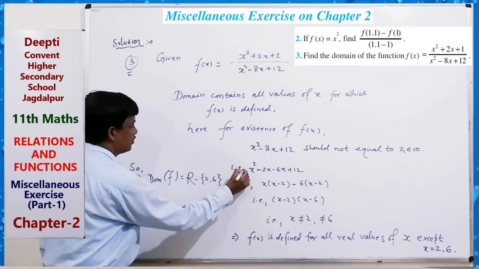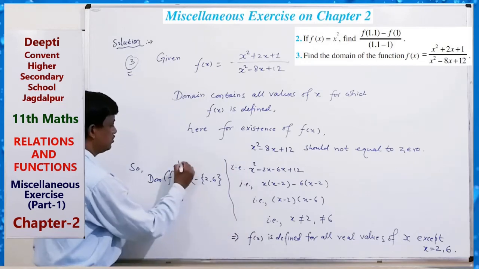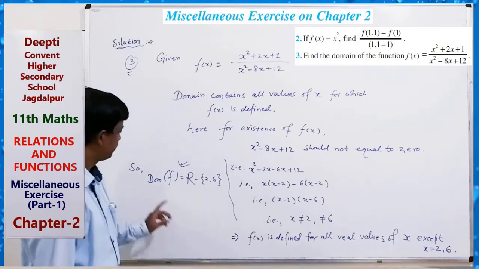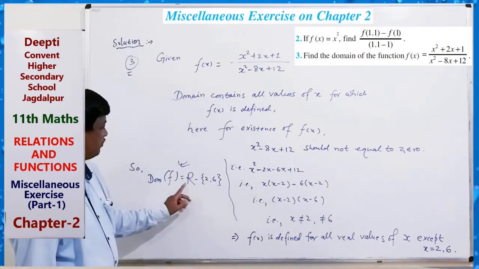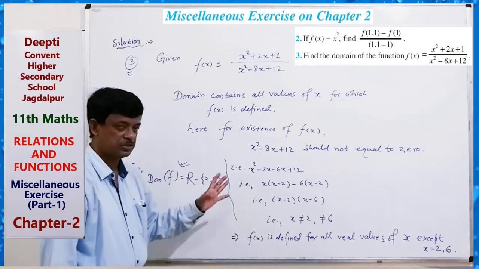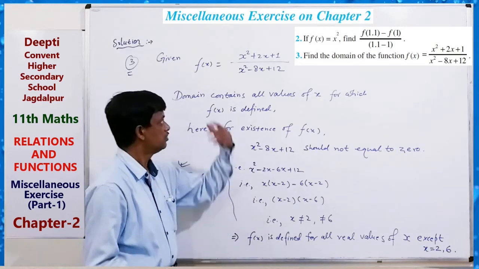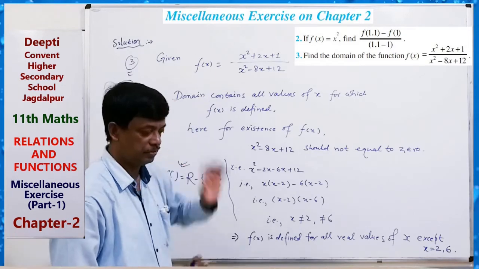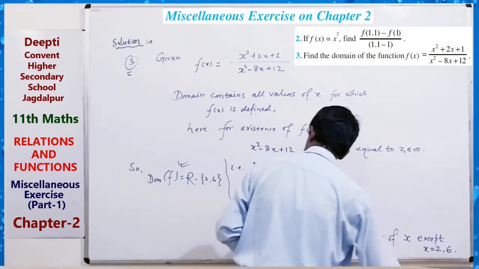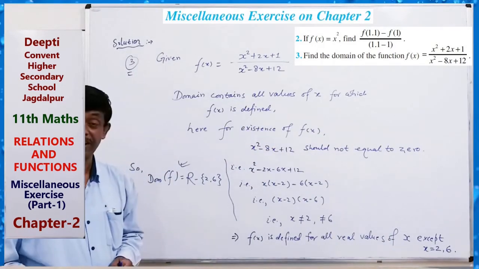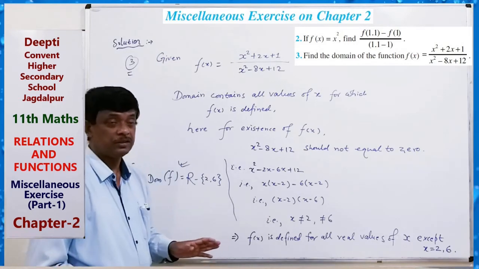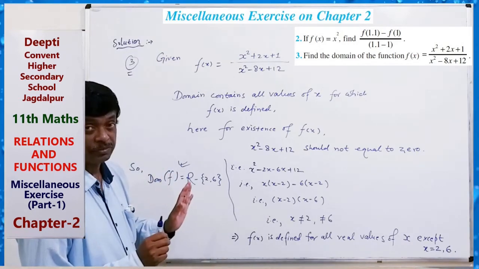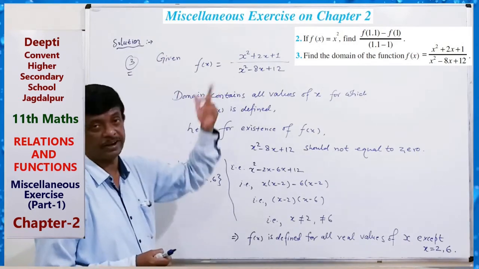Okay, this is our answer. Domain of f is the set of real numbers except 2 and 6. This is where the function is defined, so the domain is this. So for finding the domain of a function, we have to see for which values the function is defined.